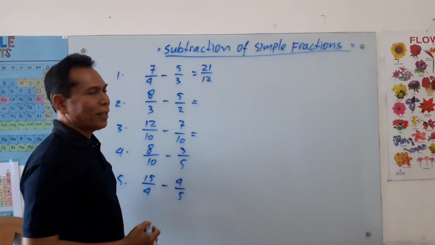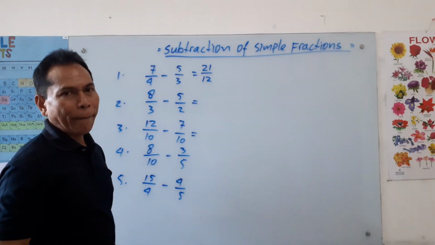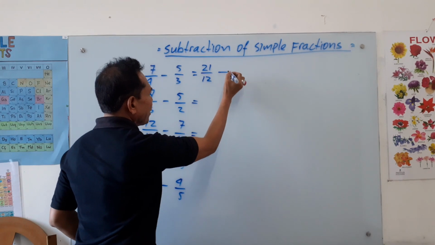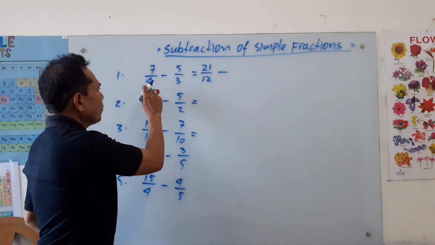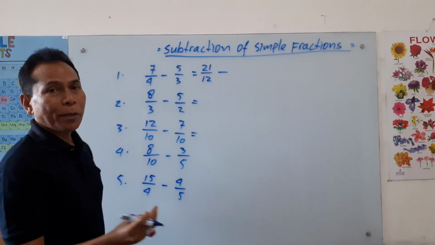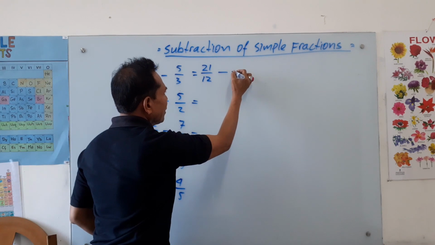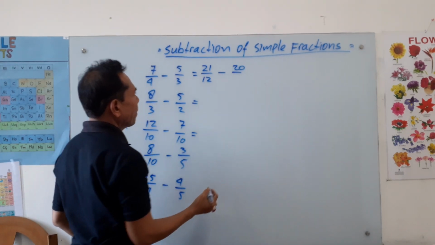Now, the first one is done, so you have 21 over 12. Then minus, because it's minus, we put minus here. Next we take 4 and 5 and multiply them. So 4 times 5 is 20. Put it here.